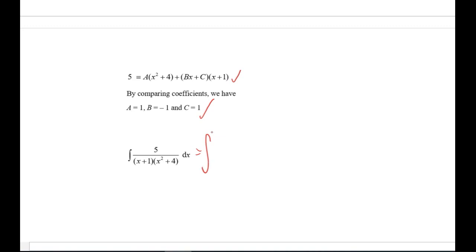So this is going to be the integral of a over x plus 1, so it's 1 over x plus 1, plus bx plus c, so minus x plus 1 over x squared plus 4 dx.